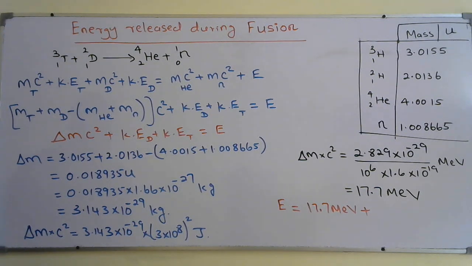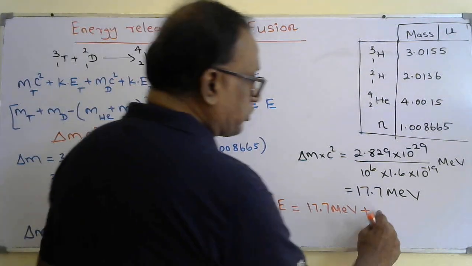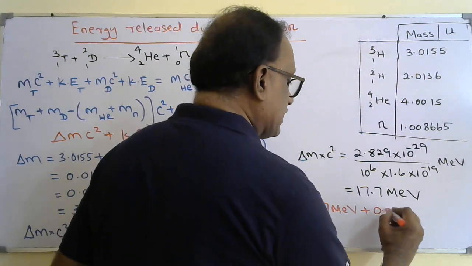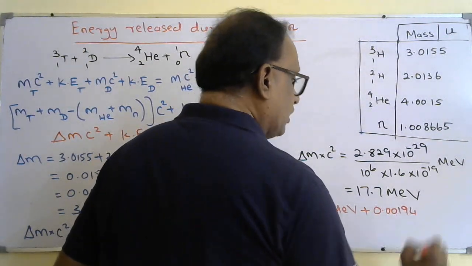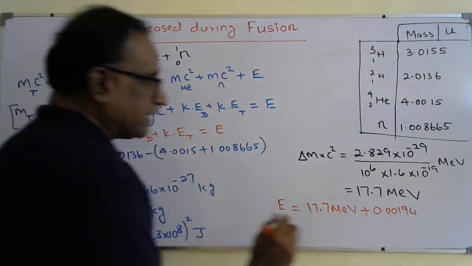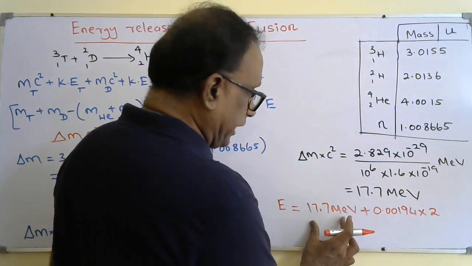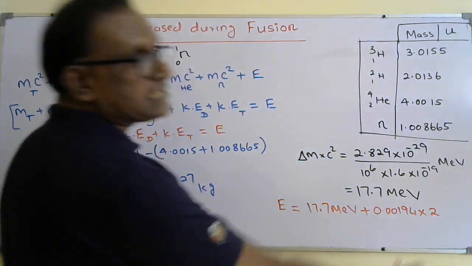We found the kinetic energy individually. If it is in the sun, it is 0.00194 just for one particle. There are two particles, deuterium and tritium, so multiply by 2. Even if you multiply by 2, compared to this, it is much smaller.